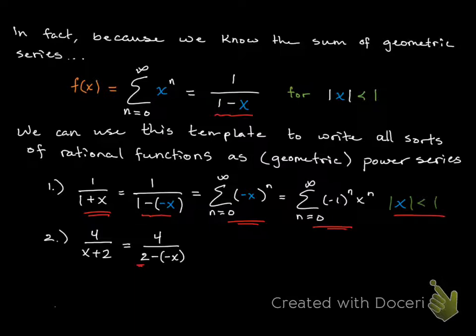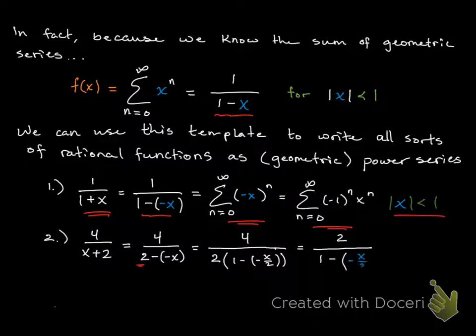So what I do is I factor out that 2 from the denominator. I take a 2 out from 2, leaving me with a 1 minus a negative x, but there's no 2 to take away from x, so I have to divide x over 2. Still a 4 on top. And what I notice is that 4 divided by 2, I can cancel those, and really all I've got left then is 2 divided by 1 minus a negative x over 2.